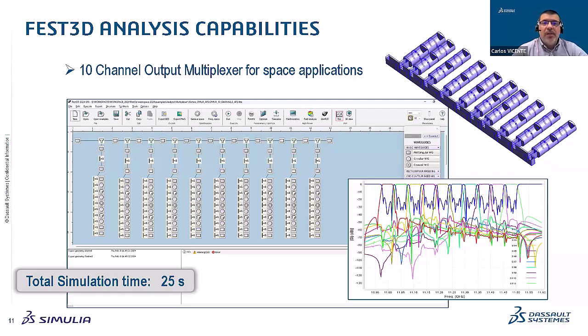This could not even be possible to solve with standard techniques based on segmentation like finite elements or finite differences, because you would blow up your computer. Okay, this was half a minute in a standard laptop. So you can see again here what is the benefit of using this type of technique.